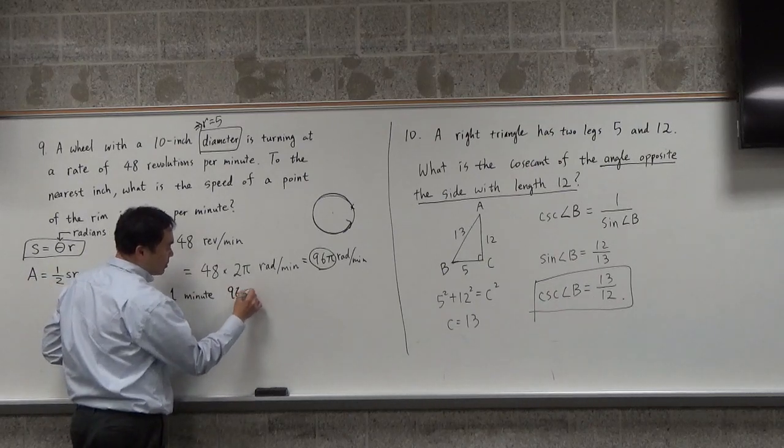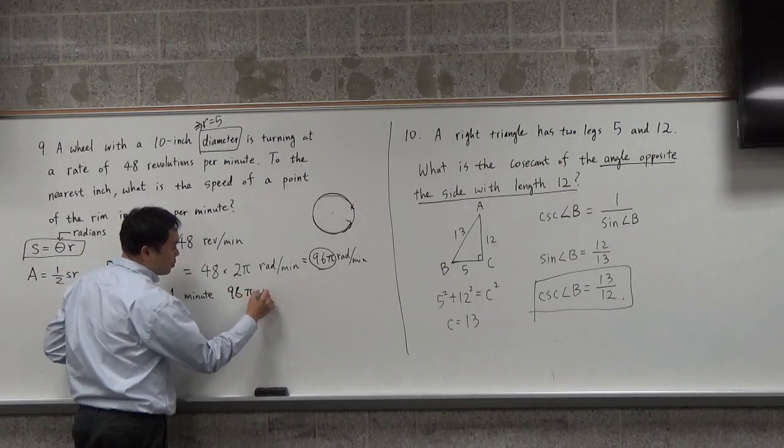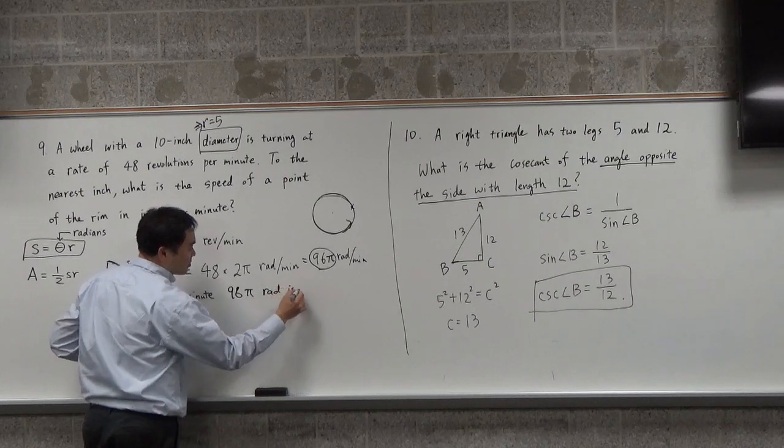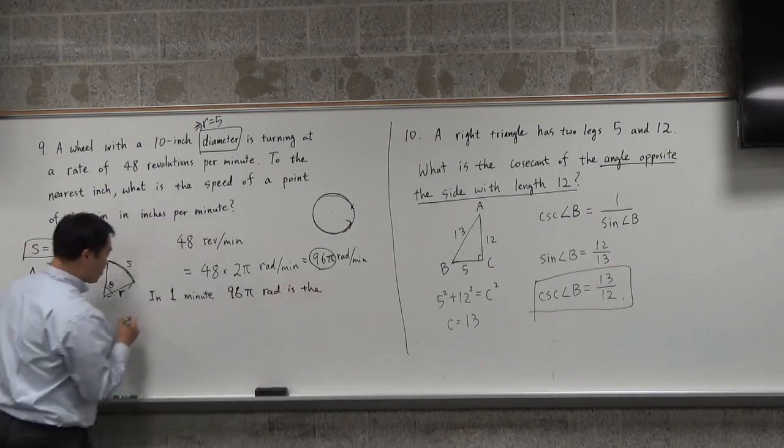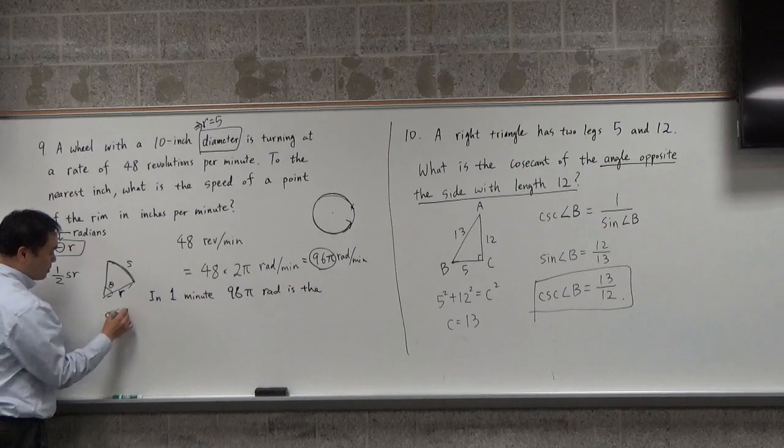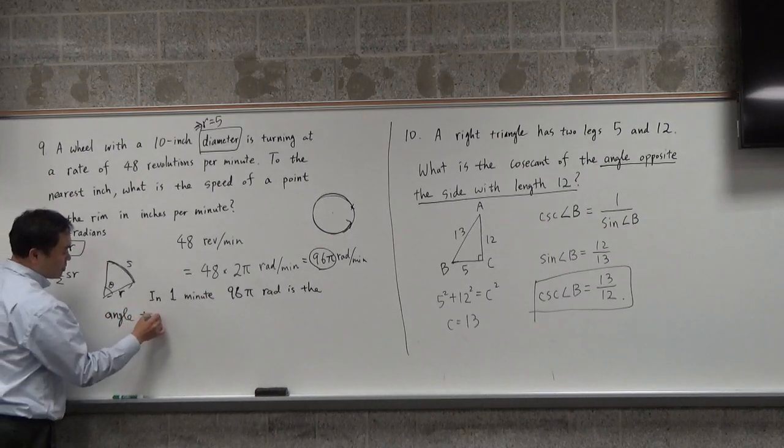96 pi radians is the angle traveled. Okay, angle traveled.